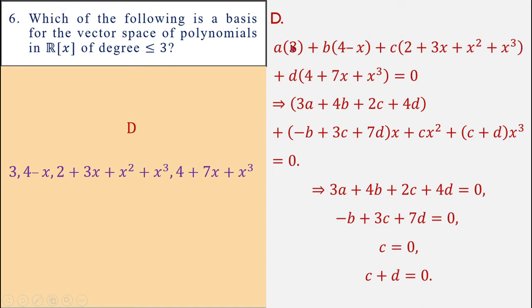So this linear combination is equal to 0 if and only if all the coefficients are 0. This implies that these 4 vectors given in option D are linearly independent. And as we have 4 linearly independent vectors in P3, and the dimension of P3 is 4, this linearly independent set automatically forms a basis for P3.